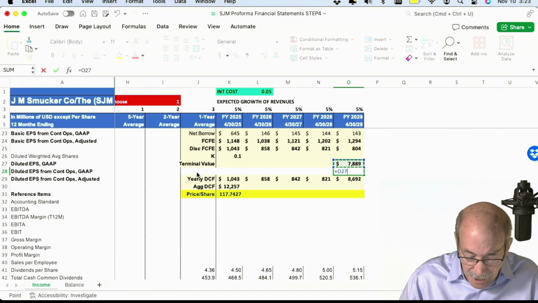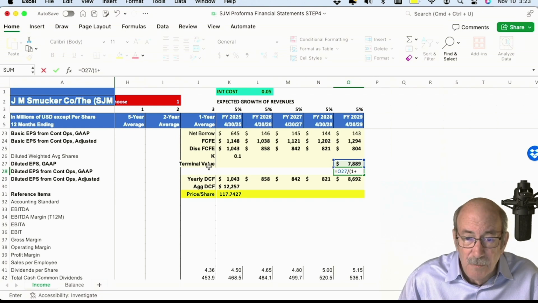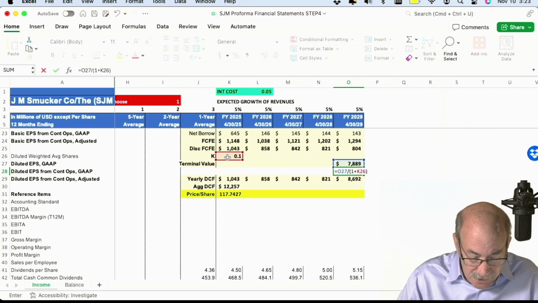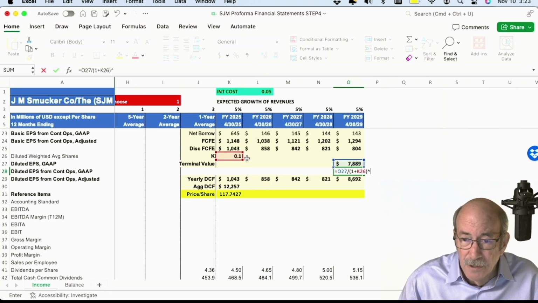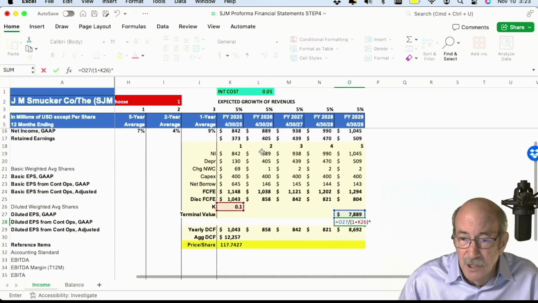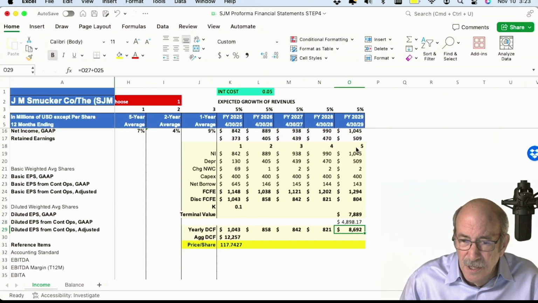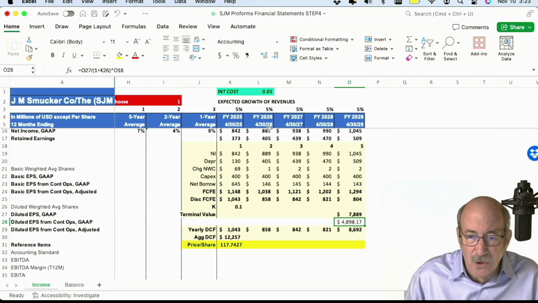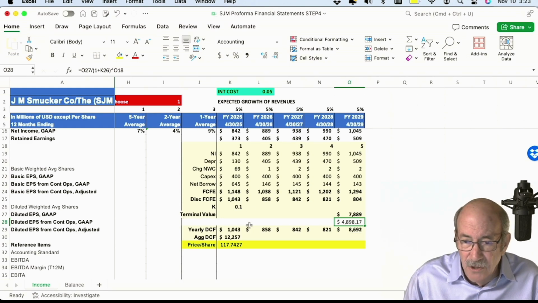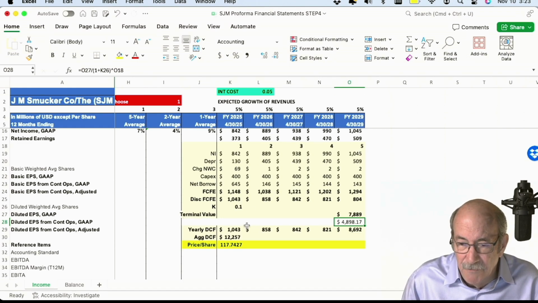So I'm going to take that, divide it by 1 plus my k raised to the 5th power. I'm going to go up here and pick this cell. And so the present value of that terminal value is about 4.9 billion.